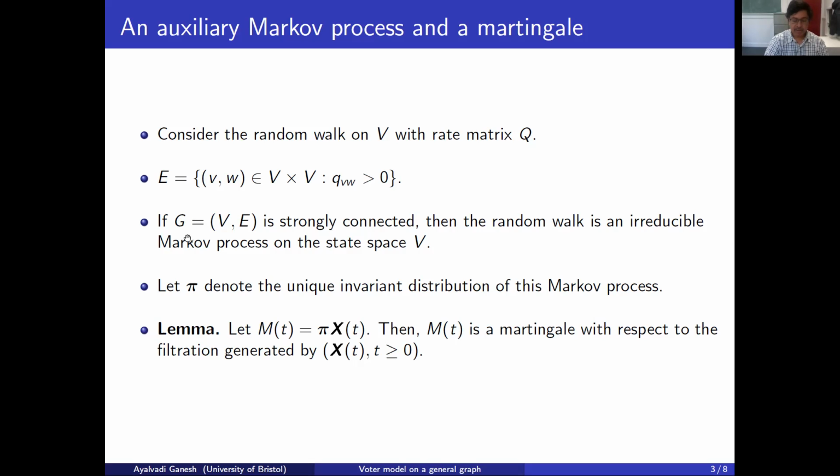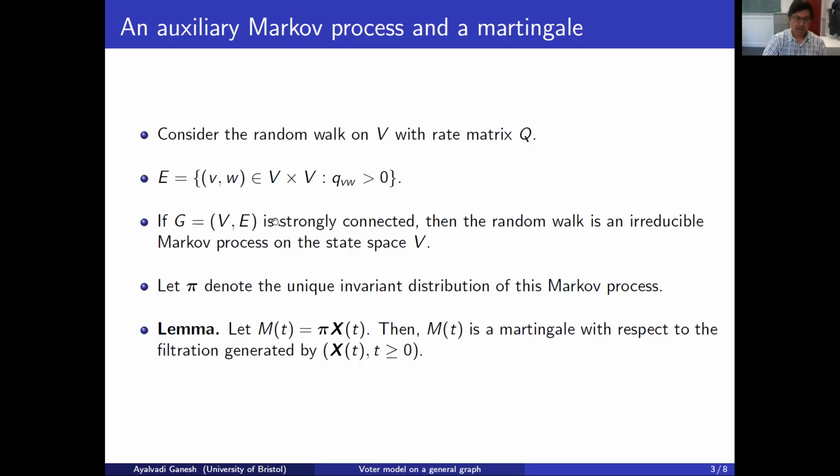So we say that a graph is strongly connected if for every pair of vertices V and W, there's a directed path from V to W and a directed path from W to V. Thinking of the edges as one-way roads, it's possible to go from V to W, and it's also possible to go from W to V.